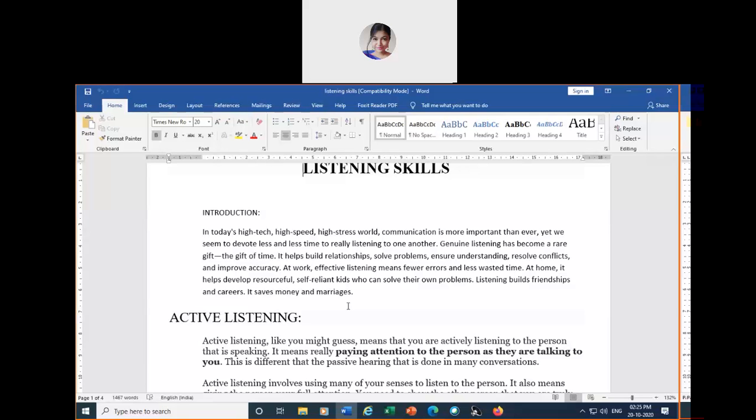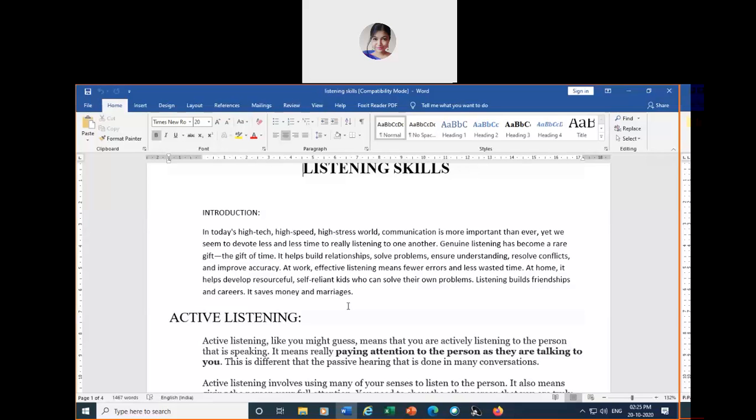Reflective listening is that kind of listening when you listen to the speaker properly and, along with it, you also respond. You also ask questions. You also try to interact. As a listener, you listen to the speaker properly, and along with that, you also respond and interact with the speaker.